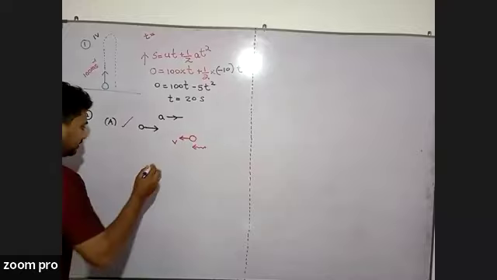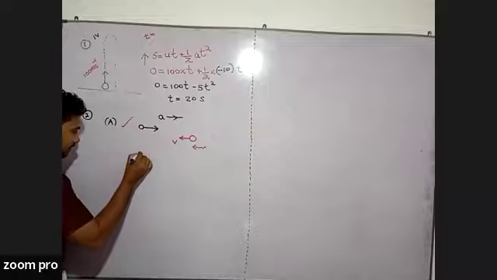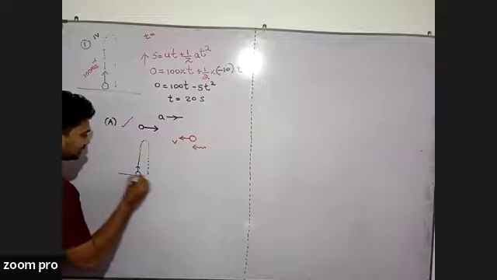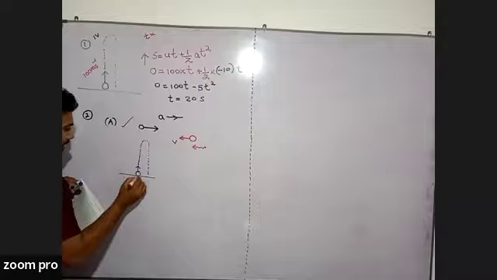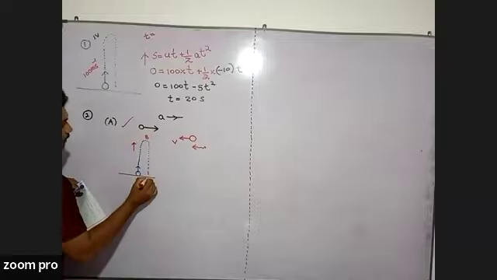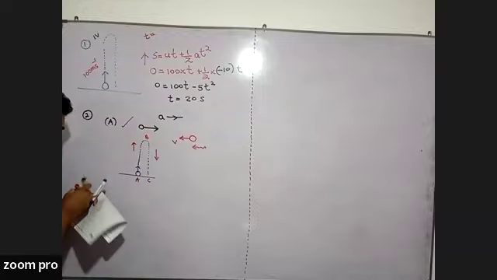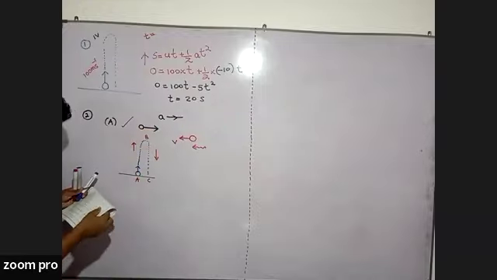You might think, let's assume an object is moving vertically upward and then it returns to the initial position as in the first question. Now in this question, from A to B, the velocity is directed vertically upward, and when it returns from B to C, the velocity is directed towards the opposite direction, right?